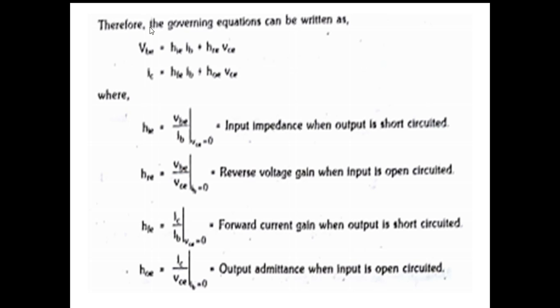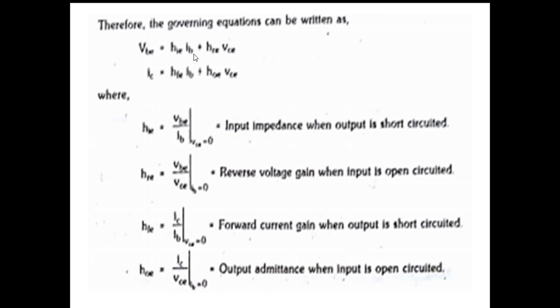So VBE is the input voltage equation and IC is the output current equation. By using these two equations, we can draw the equivalent hybrid model for the given common emitter configuration circuit.